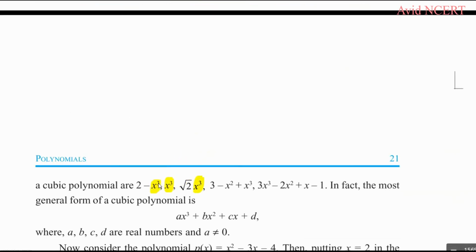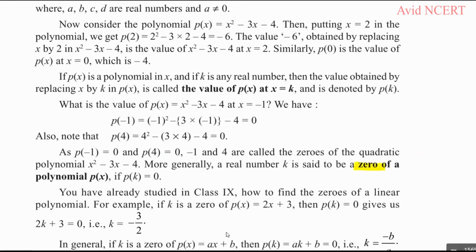Highest power 3. Next is zero of a polynomial. So zero of polynomial can be written as minus of constant term divided by the coefficient of x. For example, ax square plus bx plus c. This is the constant term.